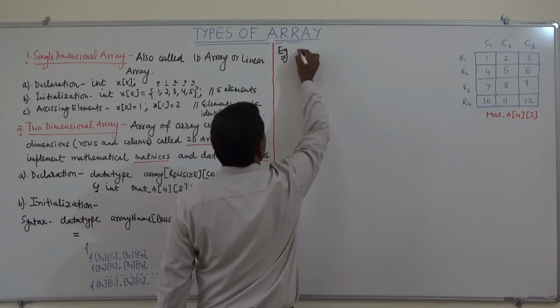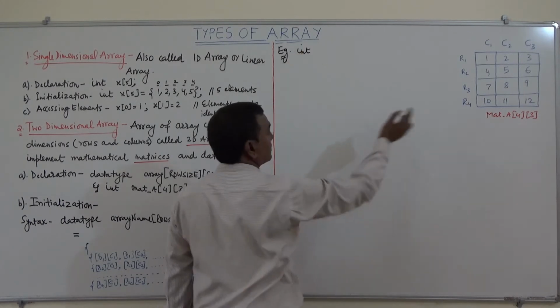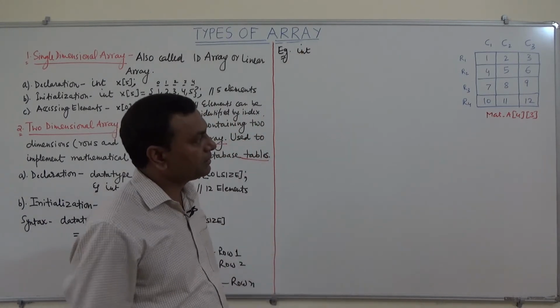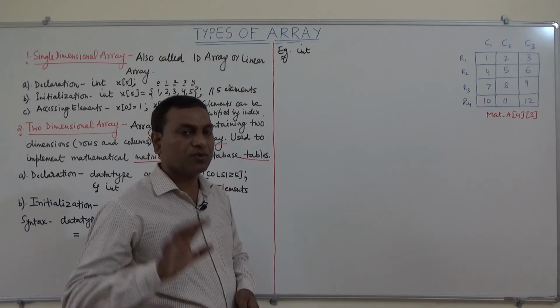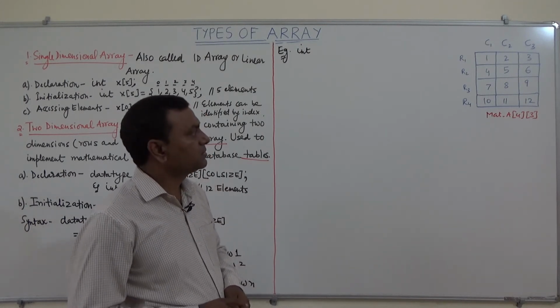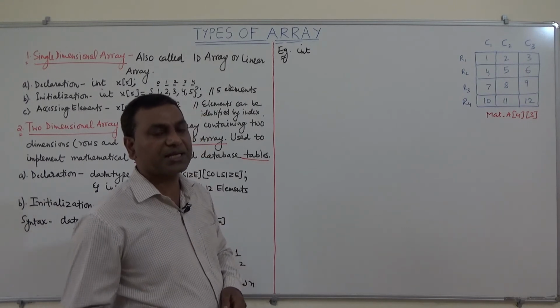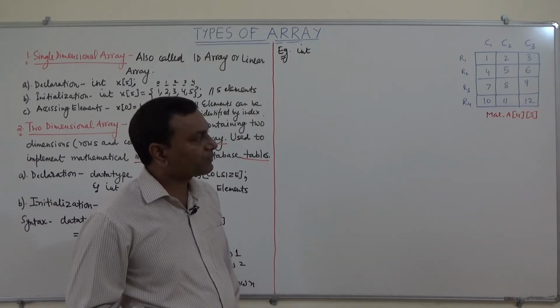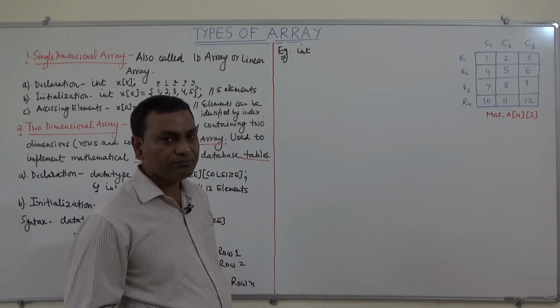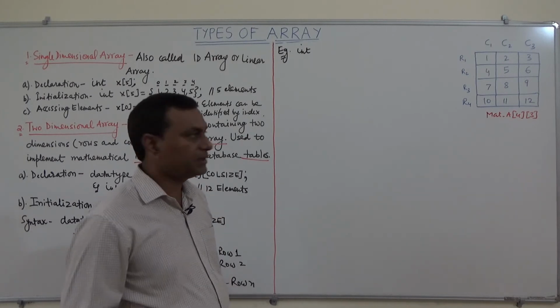For example, let us say we have taken 12 elements, so 4 rows and 3 columns. So we can store 12 elements. We will initialize a 2D array of 4 by 3.